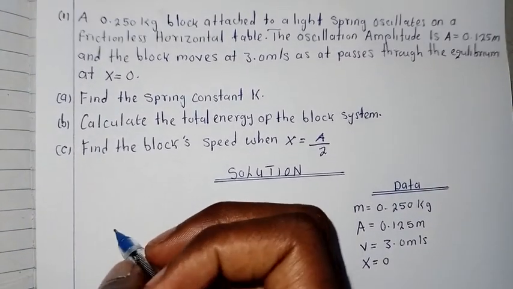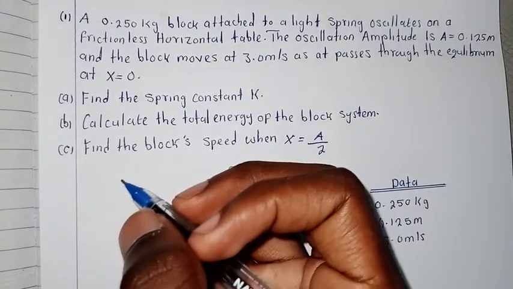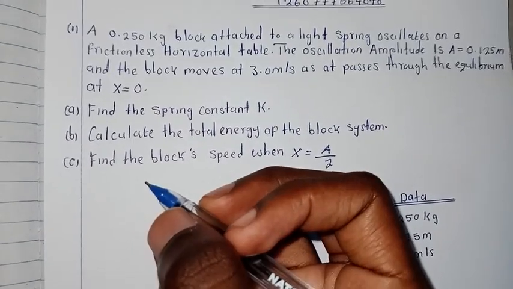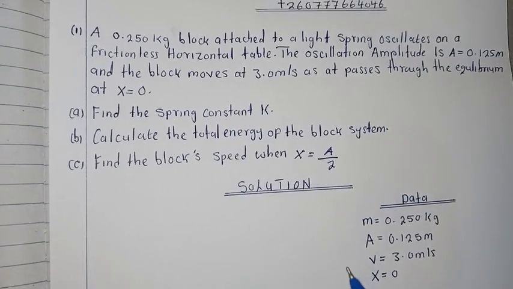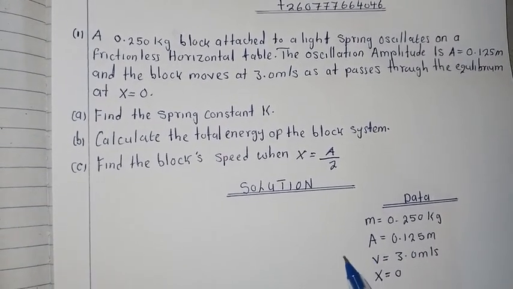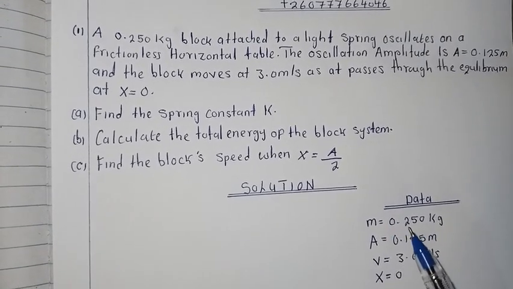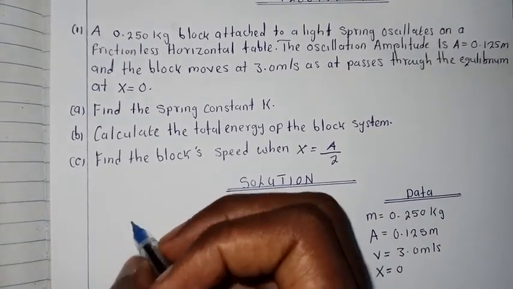Okay, so remember this formula. If you want to find the spring constant K, then you're supposed to relate its velocity together with the spring constant K, of course. Okay, so remember this formula.